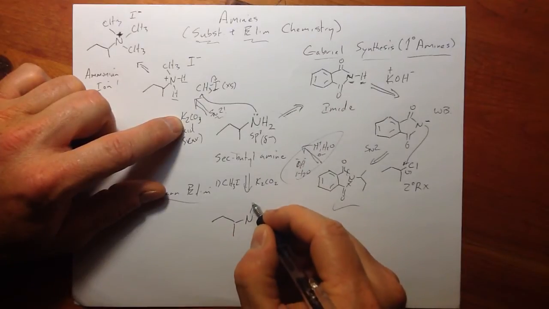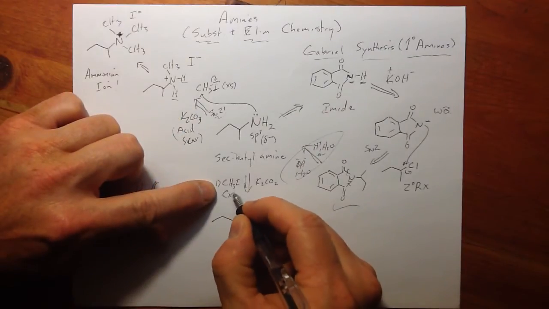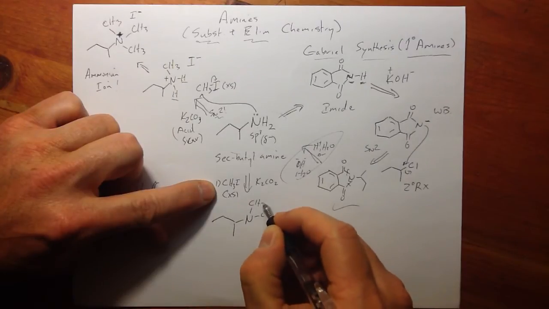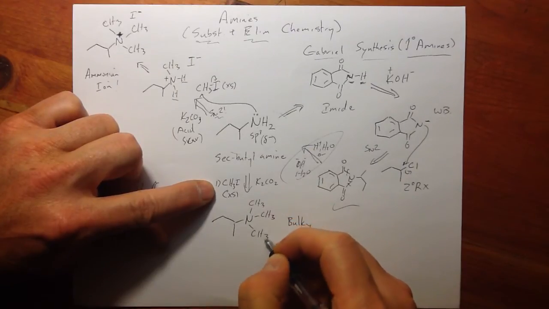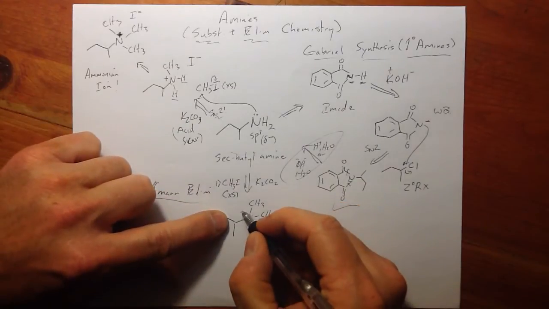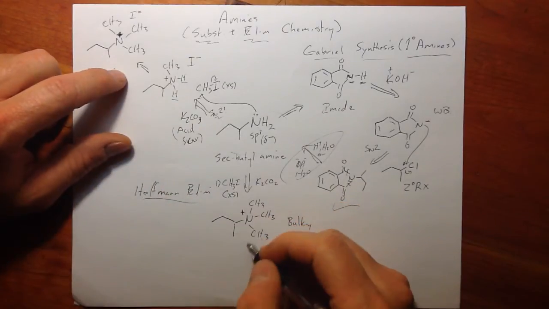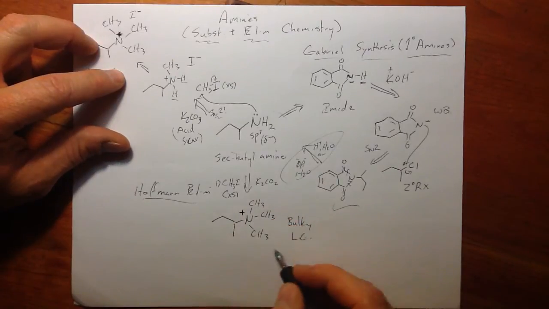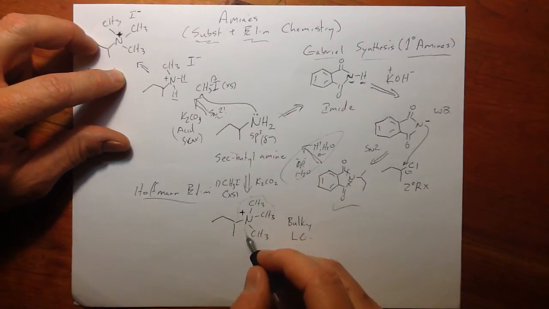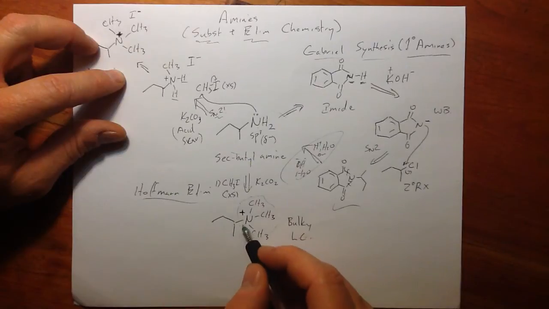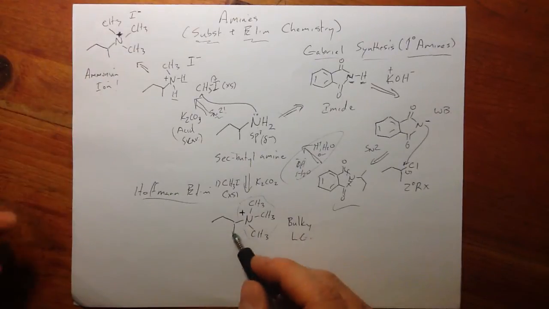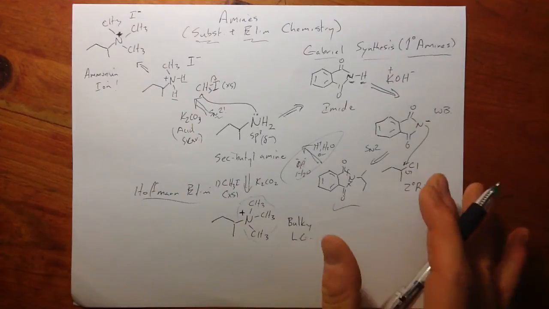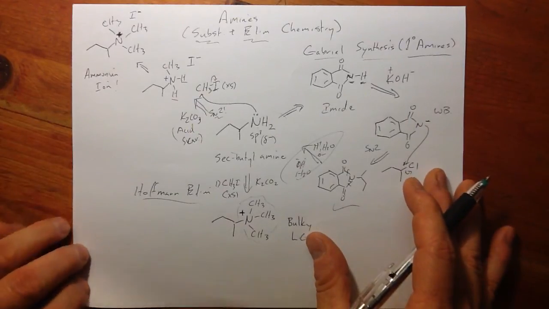And if we do that, if we use an excess of this, again, we get the runaway reaction to this N-trimethyl sec-butyl ammonium cation, wherein we now have a very bulky, not great leaving group, but if this bond breaks away, this will be neutral, so it's a fairly, I don't want to say reasonable leaving group.